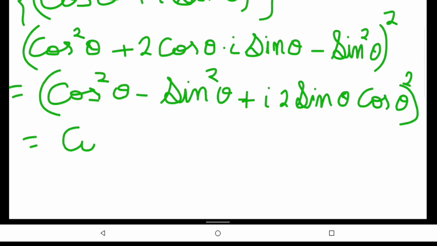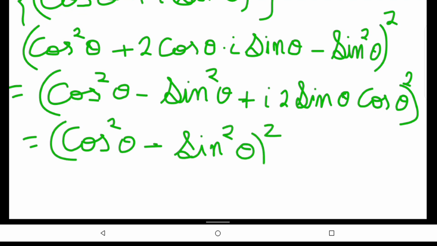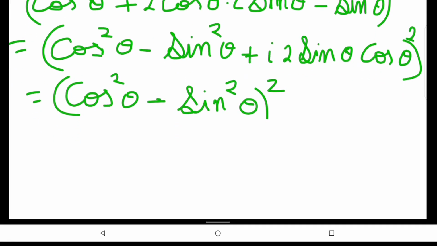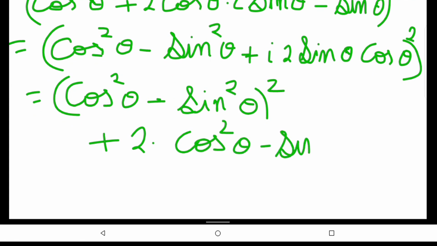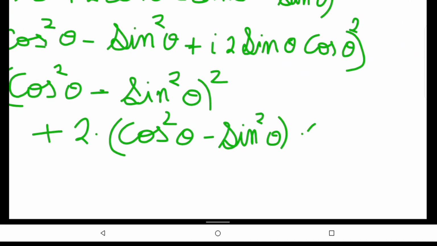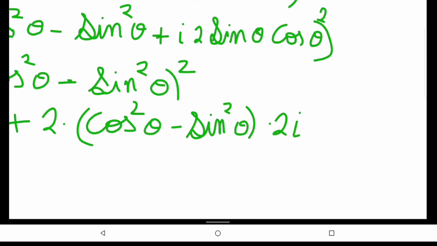So that is equal to (cos square theta minus sin square theta) square, that is your a square, plus 2 into a, which is cos square theta minus sin square theta, into b, where b is that whole expression 2i sin theta cos theta.